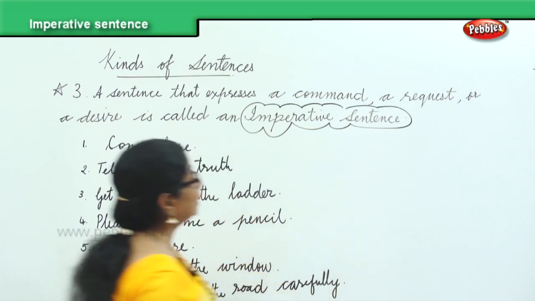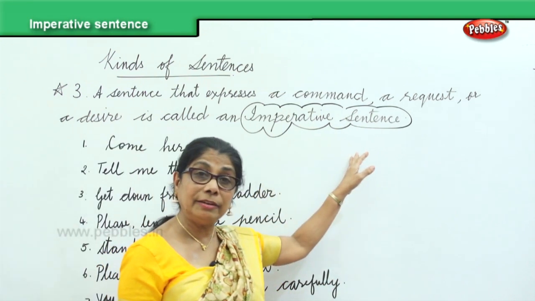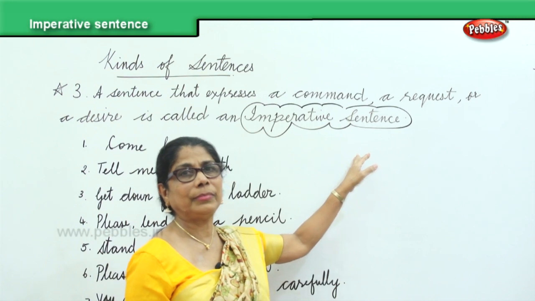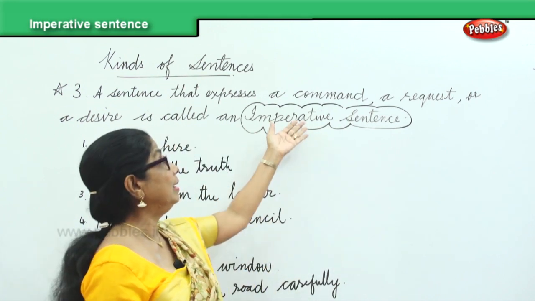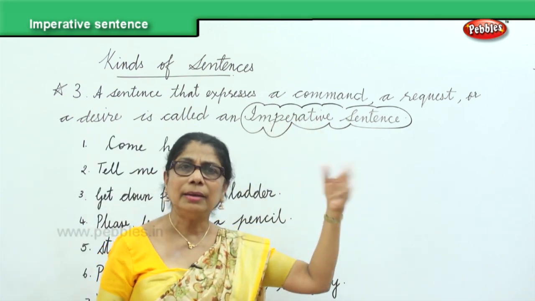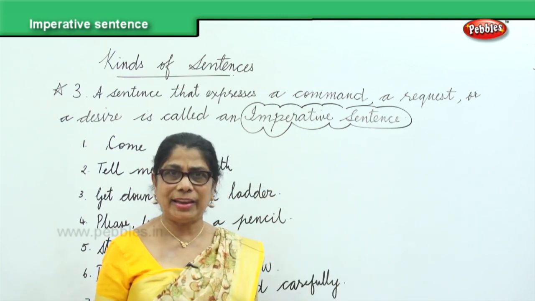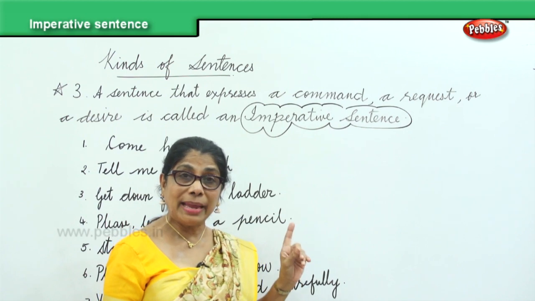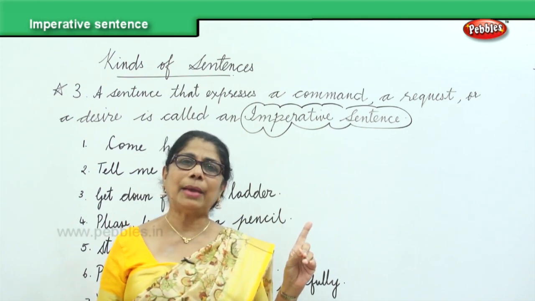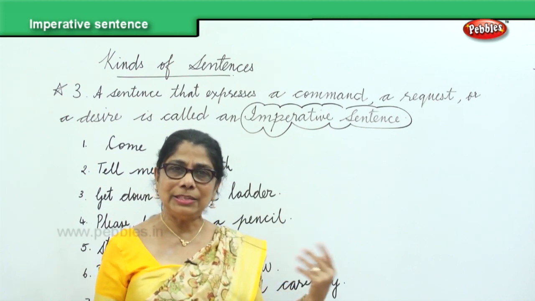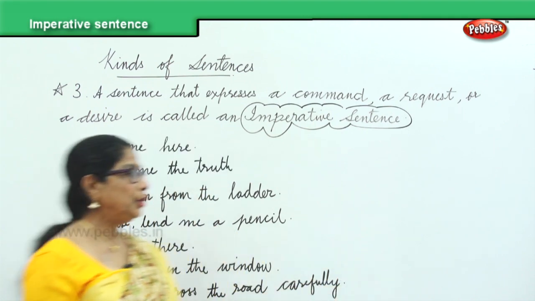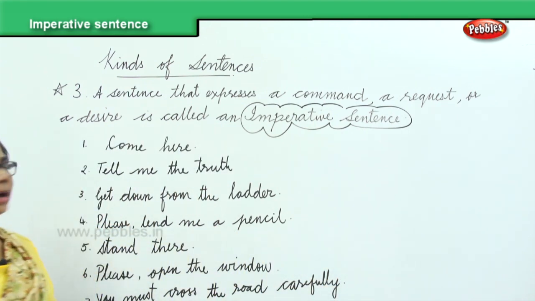Now, all these are imperative sentences. You can look into it and find it may be a command, a desire, a request, a wish. Let's find out. All imperative sentences begin with a capital letter and end with a full stop. Now, we need to find out, come here.